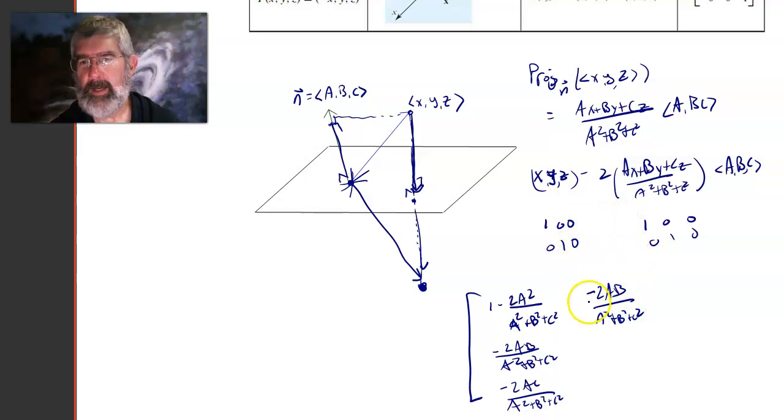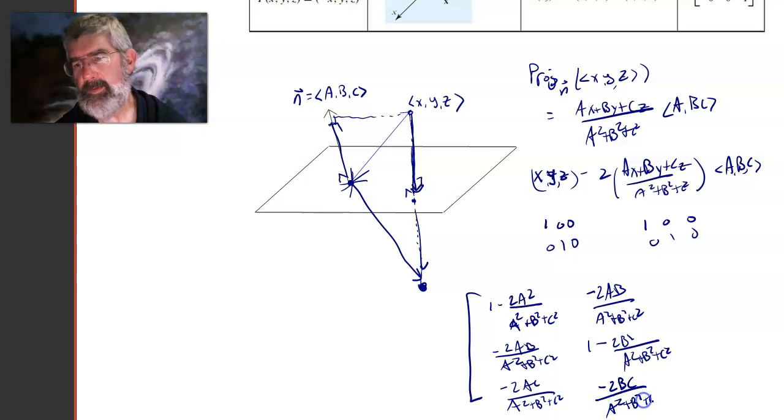And the second coordinate, I have a 1 minus negative 2b times b, so negative 2b squared over a squared plus b squared plus c squared. You've got to be careful, the 1 isn't over that, just this is. And then the third one would be a 0 and a negative 2b times c, so negative 2bc over a squared plus b squared plus c squared.